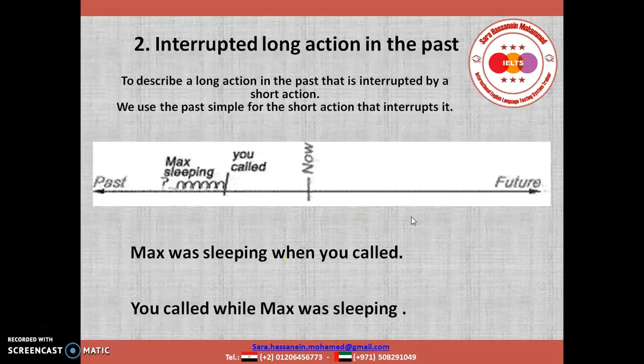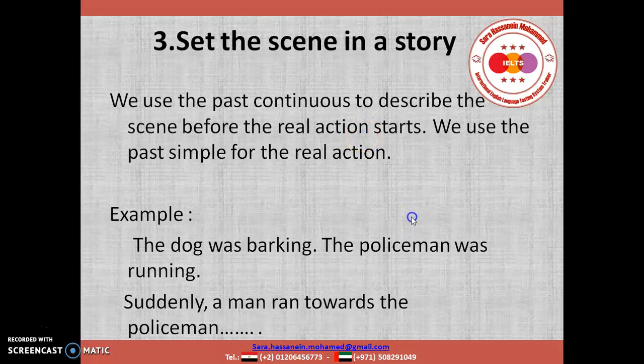Then let's move to the third use of the past continuous tense. The past continuous tense is used to set the scene in a story. We can just use it to describe the scene before the real action starts. And of course, for the real action, all you need to use is the past simple.